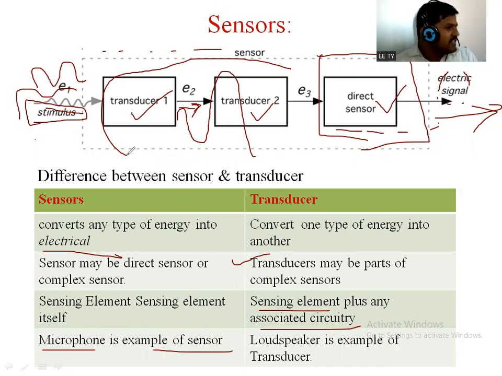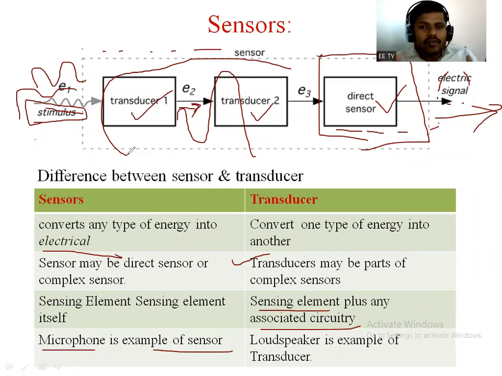There are also types of sensors: contact type, non-contact type, and some sensors need an extra excitation circuit. That means to enable such a sensor, first we must give excitation.